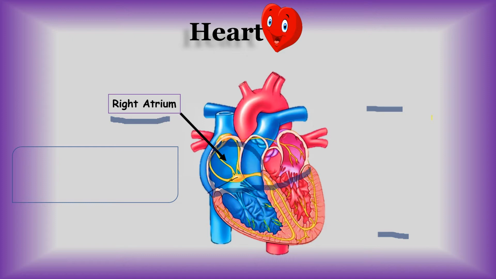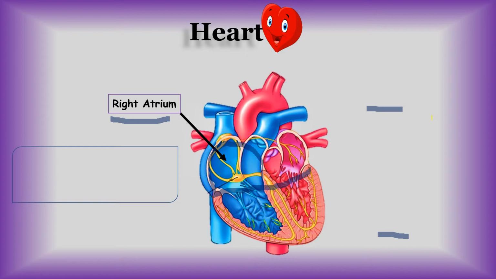And what is the job of the right atrium? To receive blood without oxygen. The right atrium receives blood from the body which does not have oxygen.